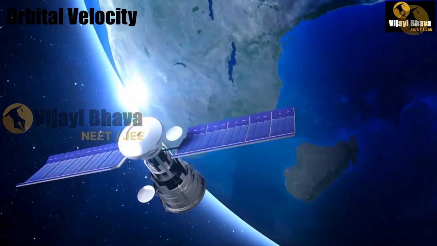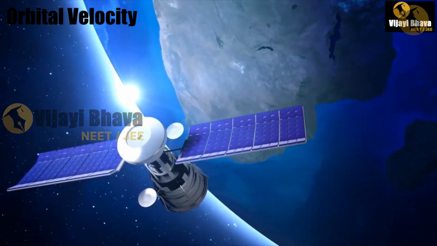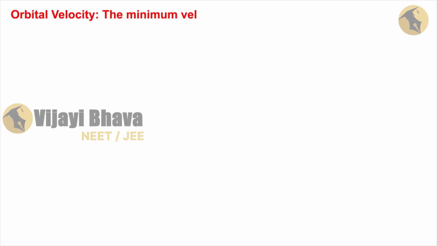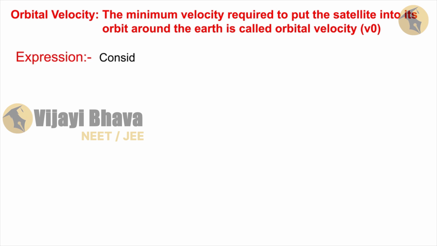The velocity with which satellites revolve around a planet is called orbital velocity. The minimum velocity required to put the satellite into its orbit around the Earth is called orbital velocity, and it is denoted by Vo. Let us derive an expression for this.